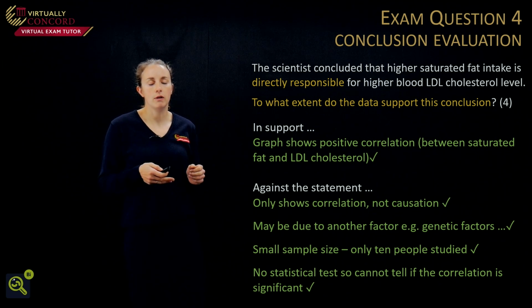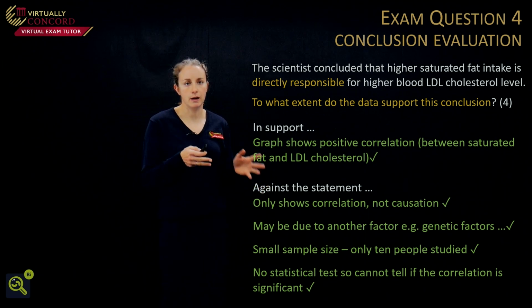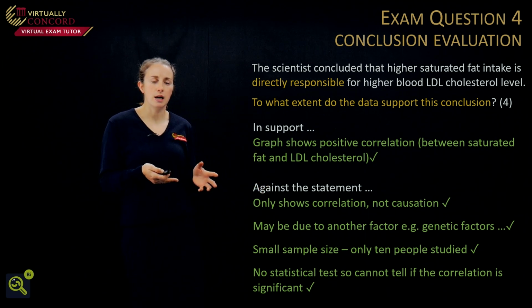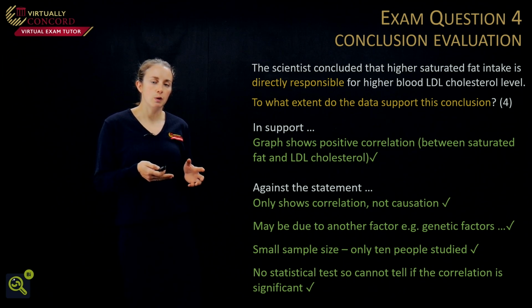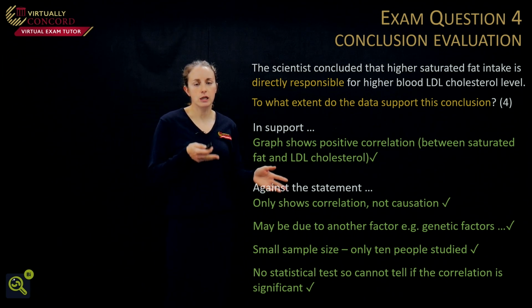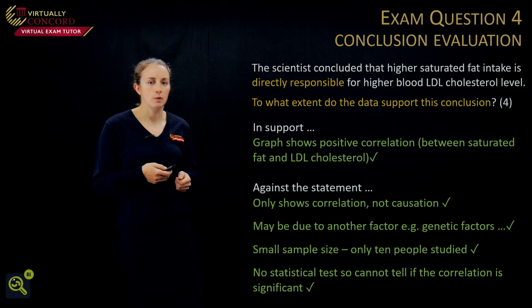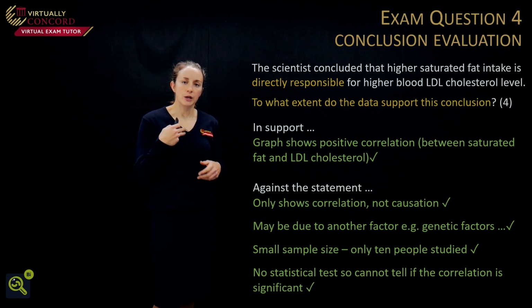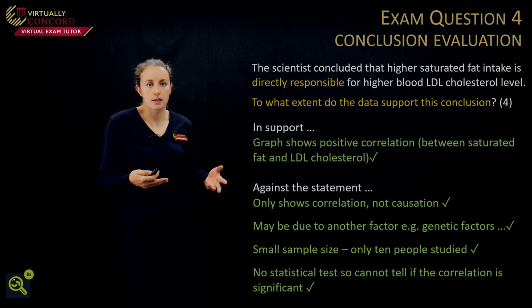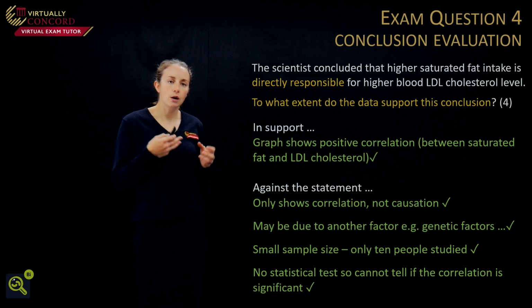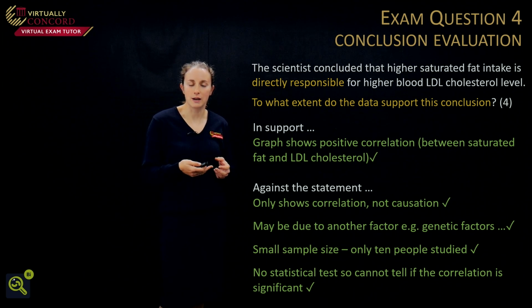We only see a correlation, which is an association between 2 variables, but there is not a definite causation. So causation would be if a change in one variable actually caused a change in the other variable, and we cannot see that from the data we're given. And it might be that there is another factor involved. Now, you can just state it is another factor, but it is much better to include a specific example of what that factor might be.